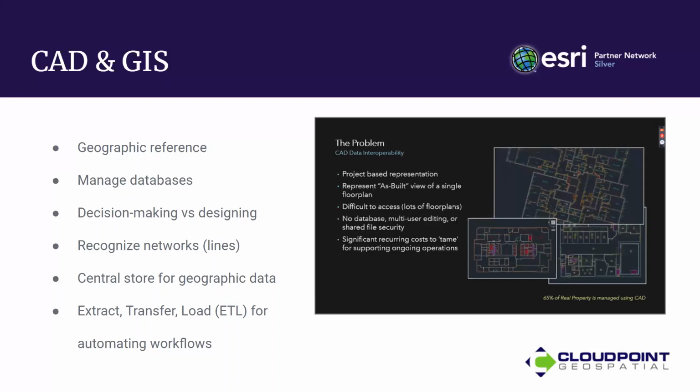One thing too with GIS, it provides a centralized storage area for all of your data. So rather than having individual CAD files scattered throughout a bunch of folders, GIS provides you one centralized interface for that. And then another thing is extract, transfer, and load. You might have heard of this term, ETL.